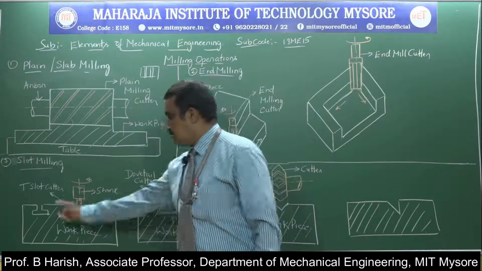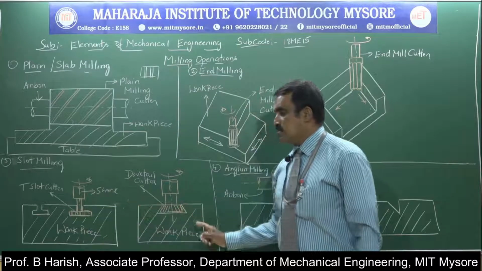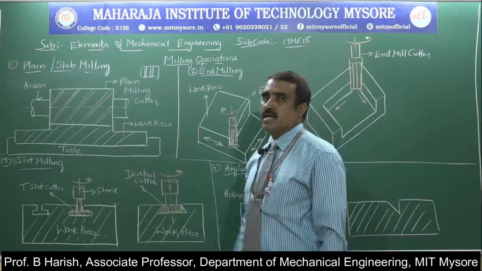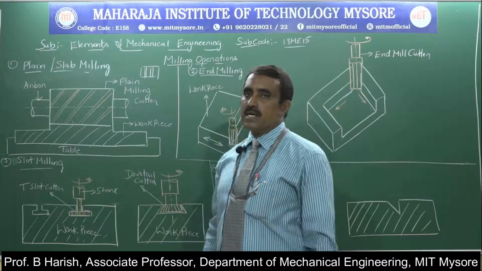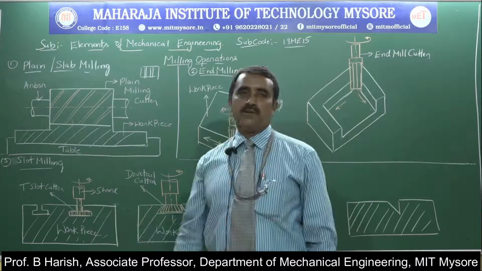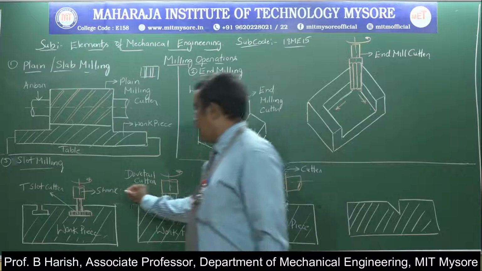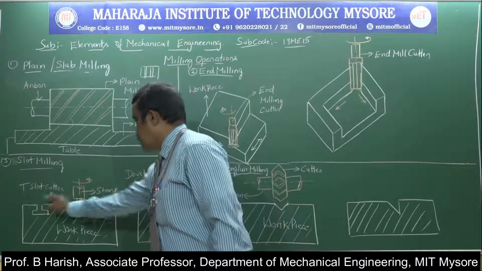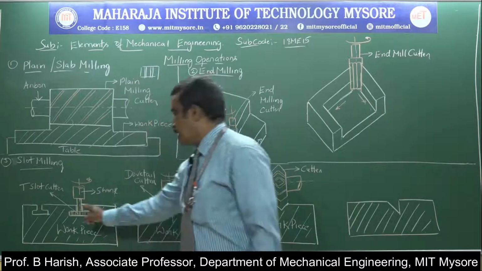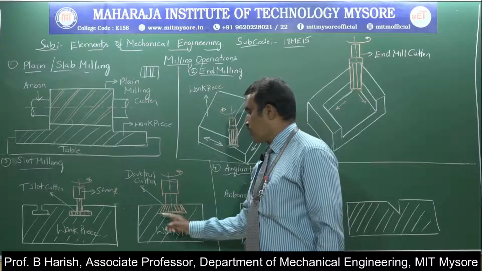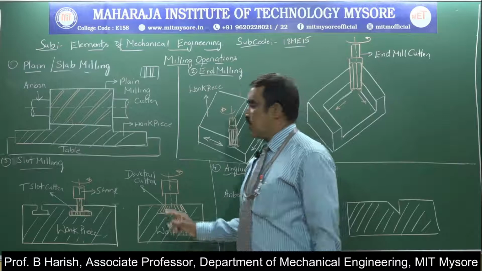Here once again, if you observe the sketch, two sketches are written. It shows that the cutter is in the vertical direction, which means it is performed on a vertical milling machine. This figure shows cutting T slots, and this figure shows cutting a dovetail slot.